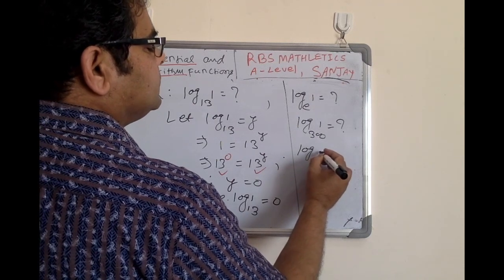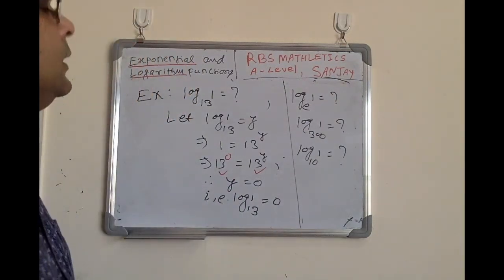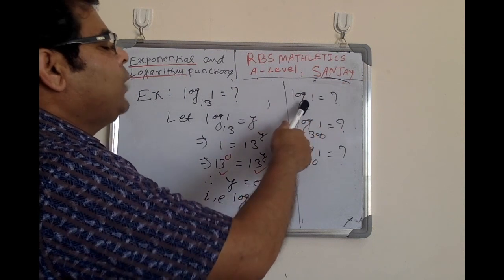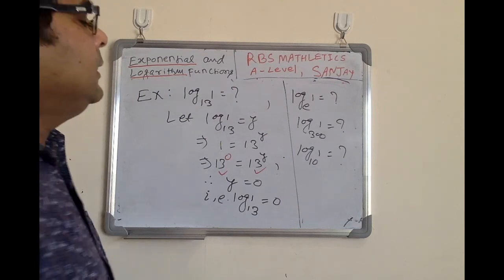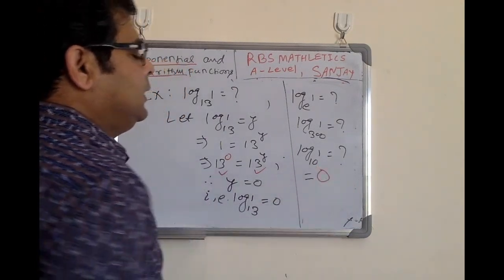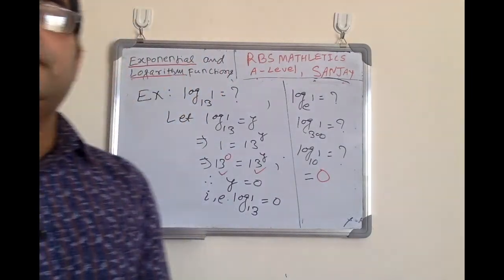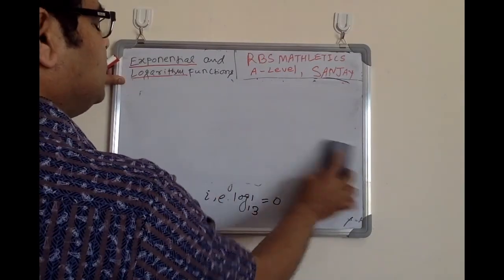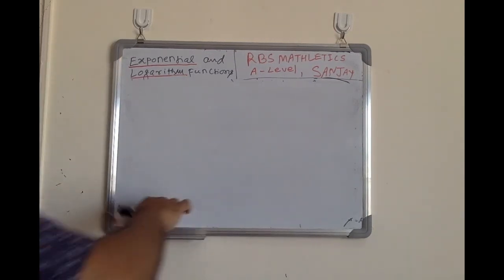Every time in your calculator you will see that if you put log of 1 to any base like e, 300, 10, alpha, beta, gamma, whatever, in every case your answer will be 0. That means you should note that when you find log of 1, your answer is going to be 0. Let's move forward to further explanation of logarithmic terms.